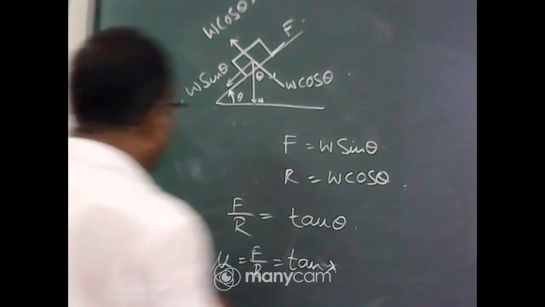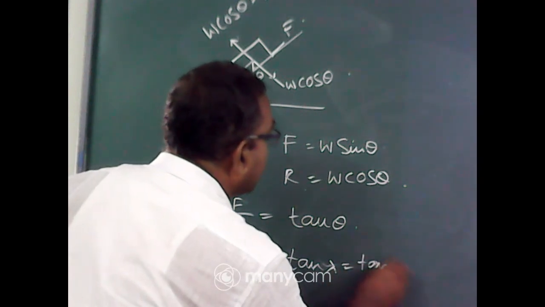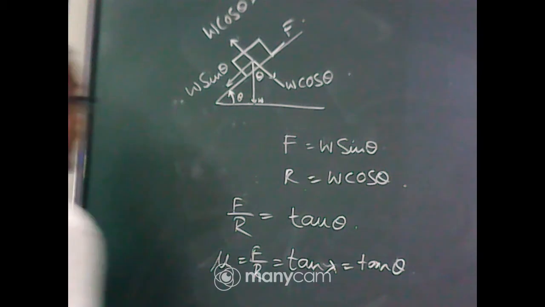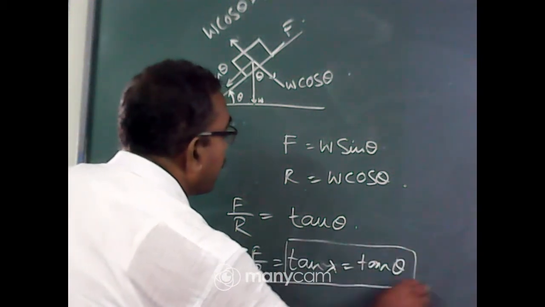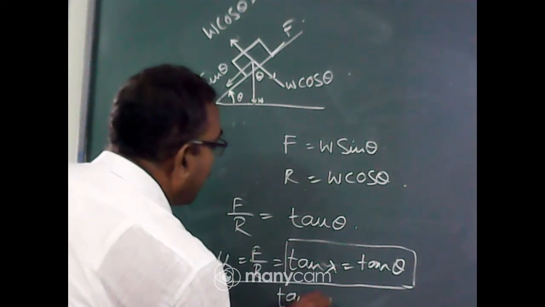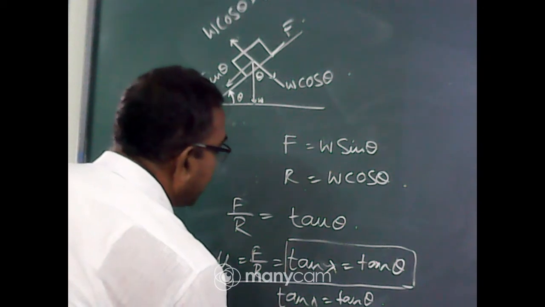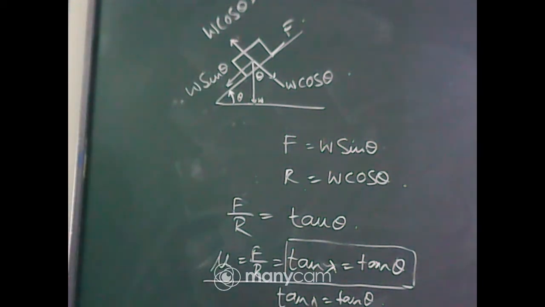Okay. So mu equal to F by R equal to tan lambda equal to tan of theta. So my dear student, you check here, this is the relation. So from those relations you can write tan lambda equal to tan theta. So lambda equal to theta.